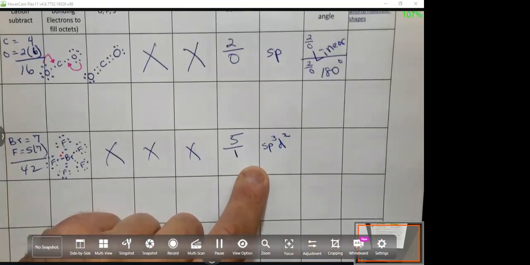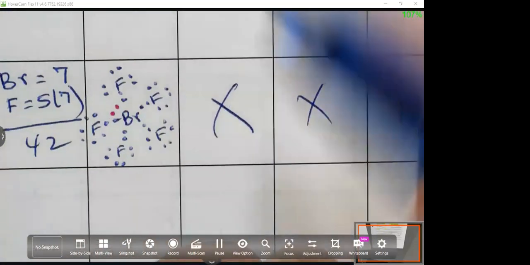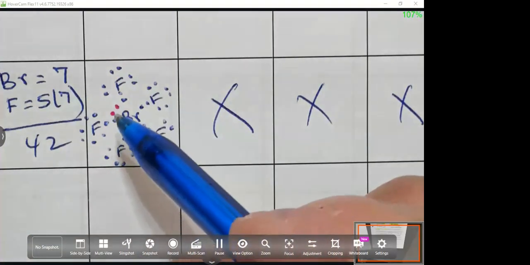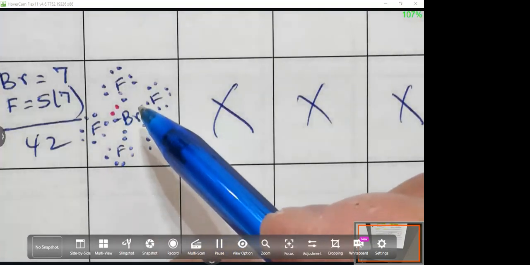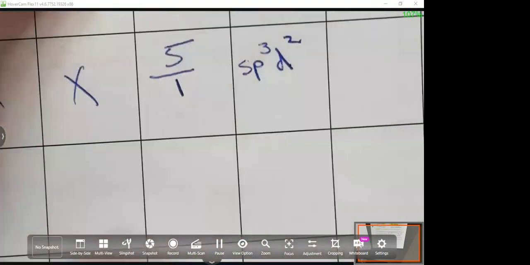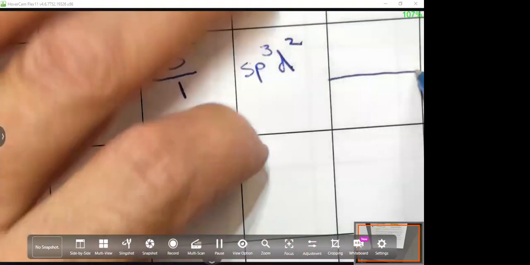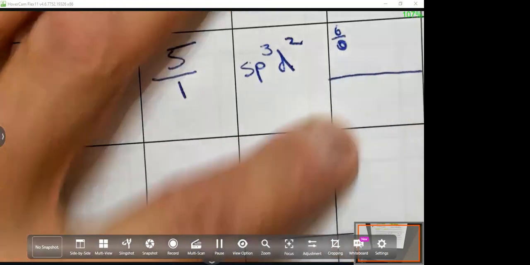What is my electron pair geometry? What possible bonds could I do? I have 5, but I got another pair of non-bonded, right? So this is a 6. I could have 6 for my electron pair geometry. Think of it as a 6, 0.